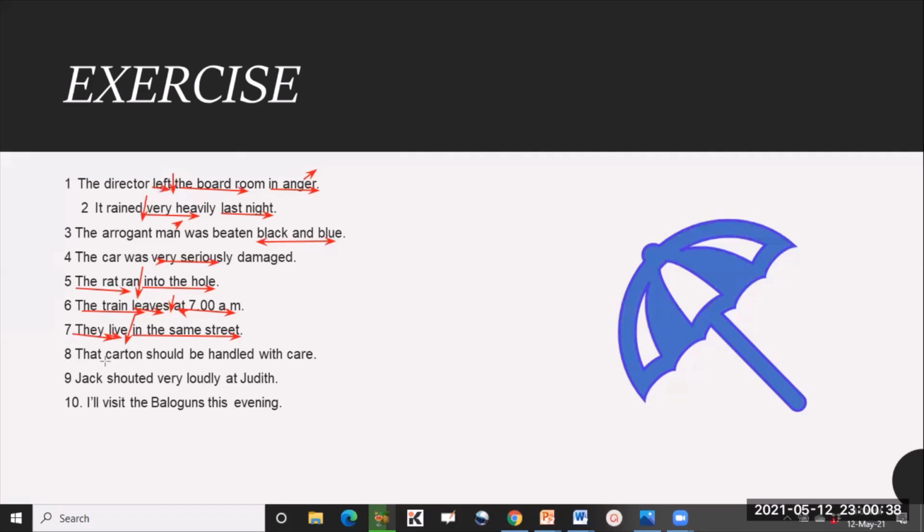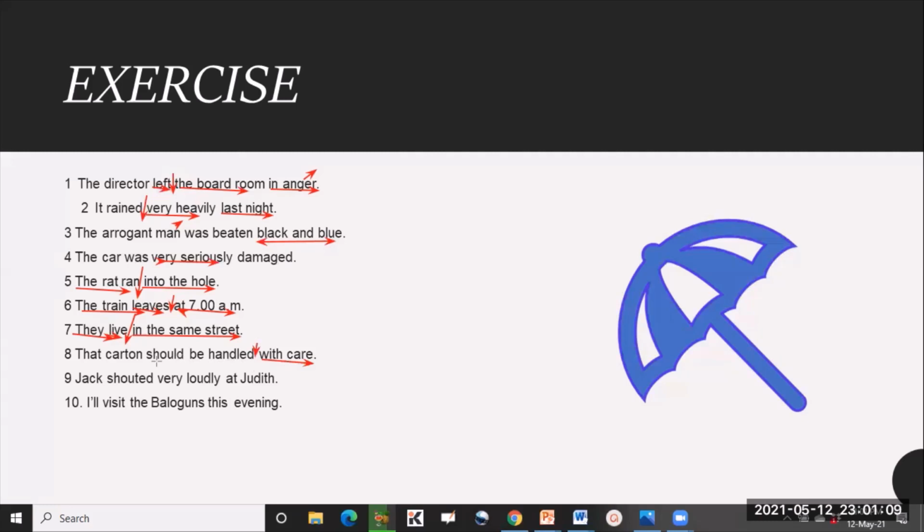Question number 8: That carton should be handled with care. The prepositional phrase here is "with care." Then what is its function? Now, it modifies the verb "handled." And how do we know?